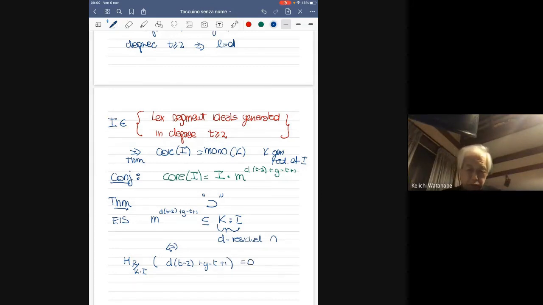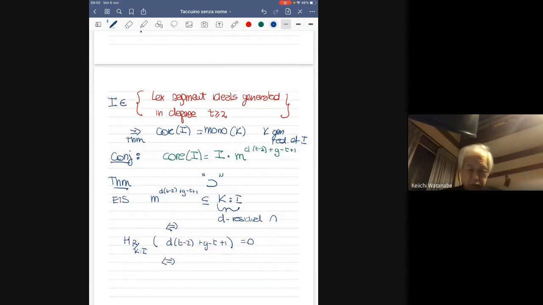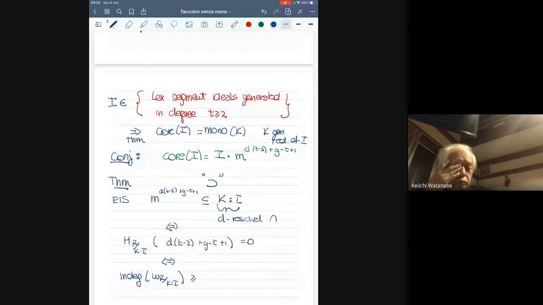And now, by local duality, this is the same as proving that the initial degree of the canonical module of this is at least this number minus this number. And now, how do we prove this?